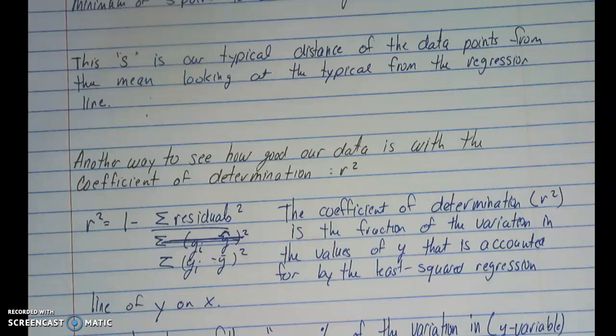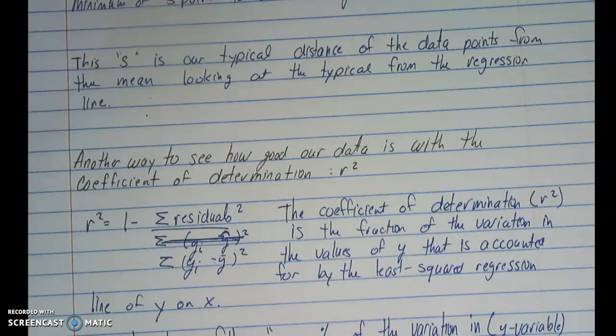Okay, and so the closer we are to, say, 100%, the stronger or better off our equation is. Okay, so it's between 0 and 0.99. Okay, and we're going to be looking at how strong that data set's going to be.